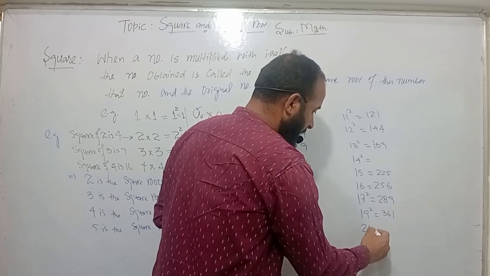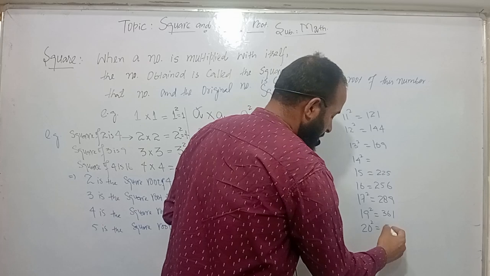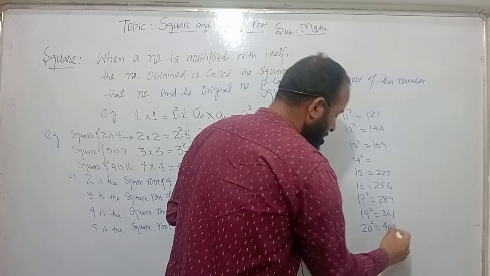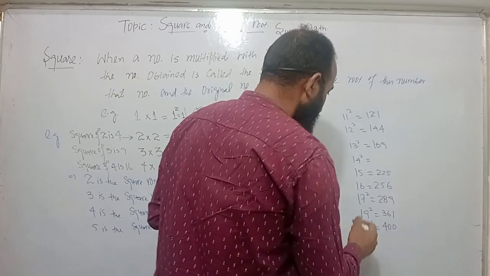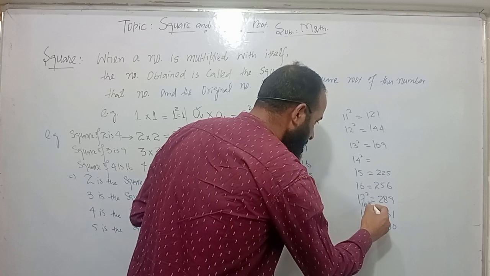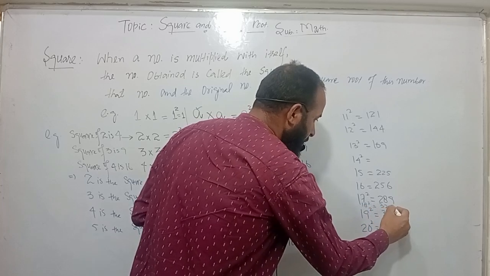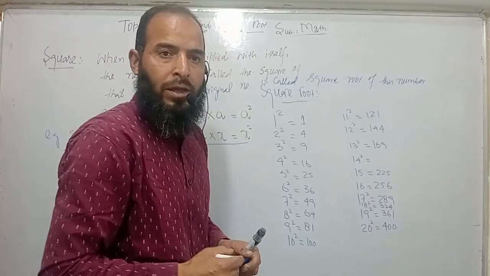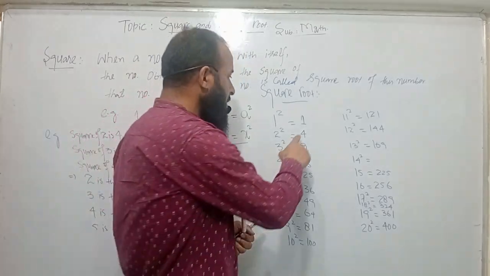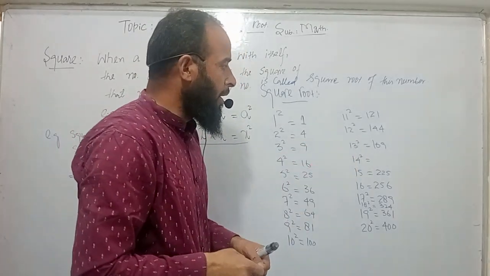And 20 square is 400. 18 square is 324. Okay, these are the squares of the numbers up to 20.